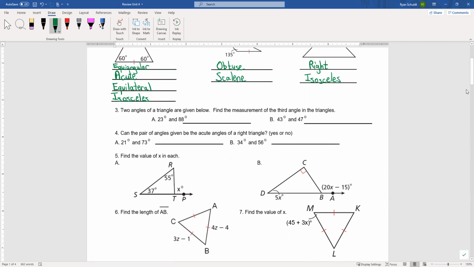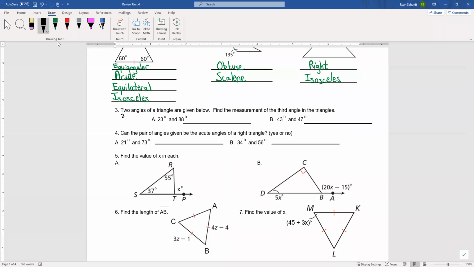Number 3, they give us 2 angles of the triangle, and we have to find the 3rd angle. Remember, all triangles add to equal 180. So to find that 3rd angle, you add the 2 you're given together and then subtract from 180.